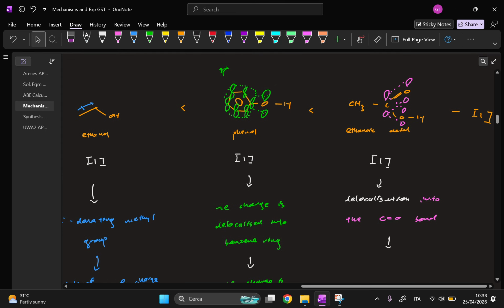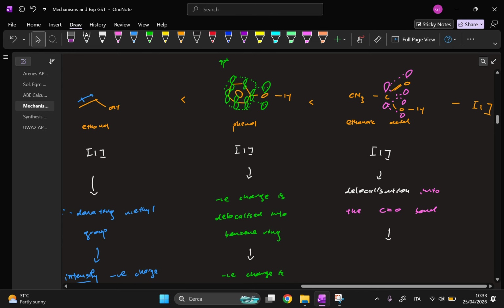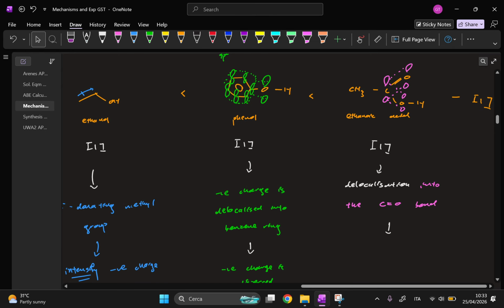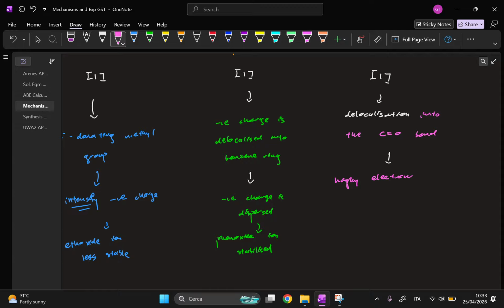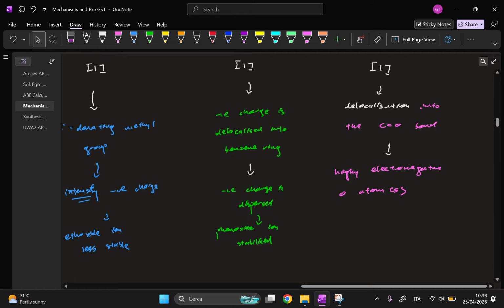But why is it that the carboxylate ion is stabilized to a greater extent than the phenoxide ion? Now, this is because your C double O bond has a highly electronegative O atom, or rather the two O atoms.